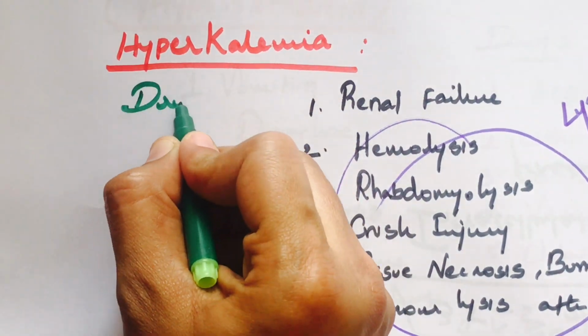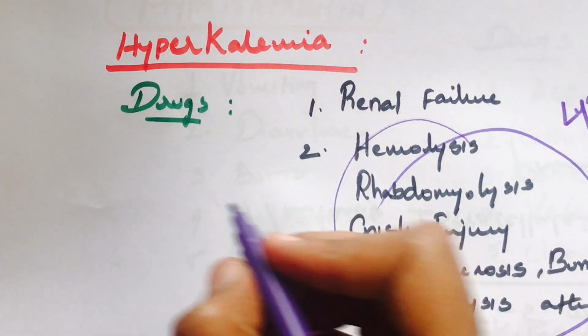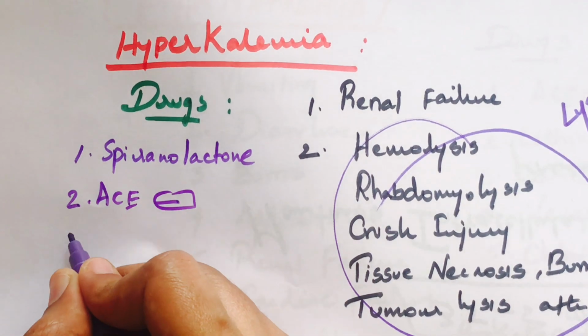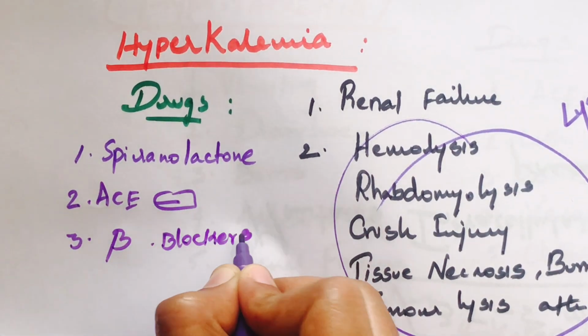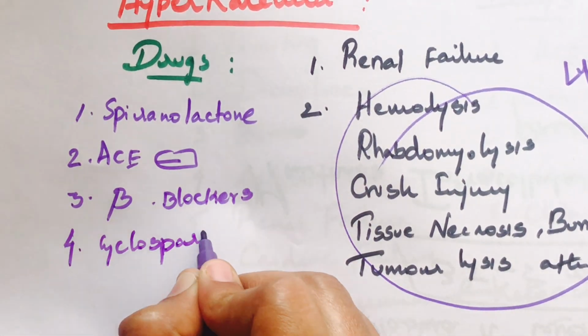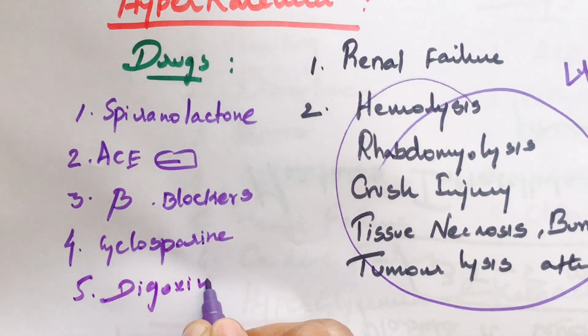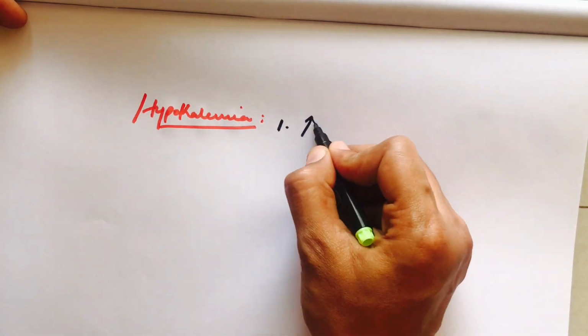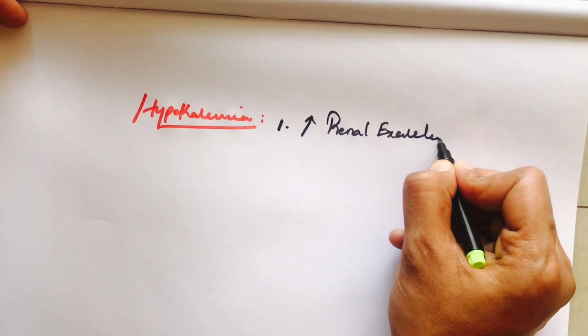And here are the medications which cause hyperkalemia: spironolactone, ACE inhibitors, beta blockers, cyclosporin, digoxin. And what are the causes of hypokalemia?